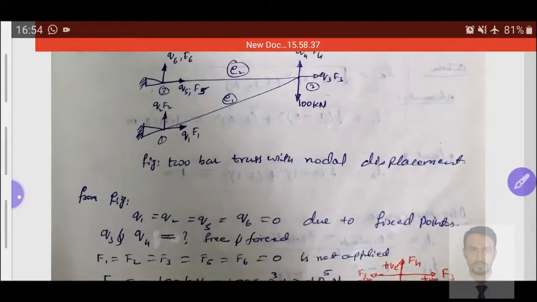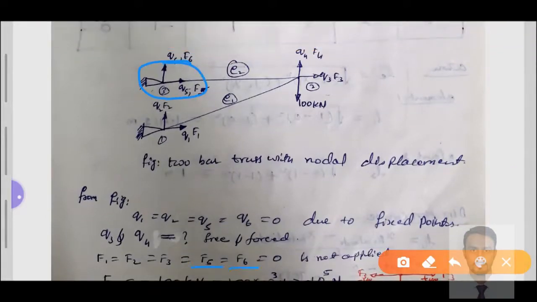Then again we come to node number 3. At node number 3, F5 and F6 are equal to 0. Why? All degrees of freedom are fixed. No force has been applied due to the fixed degrees of freedom along x, y and z direction. There is no force applied at 5 and 6.